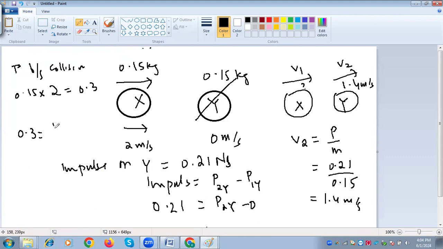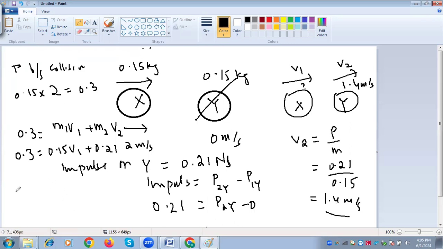0.3 is equal to M1 V1 plus M2 V2. Actually, we didn't need to find out the velocity separately; we could have written this directly. The product of mass into velocity is 1.4 into 0.15, which is 0.21. So 0.3 equals 0.15 into V1 plus 0.21.